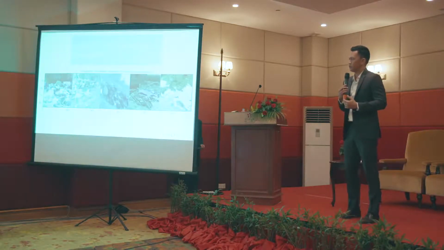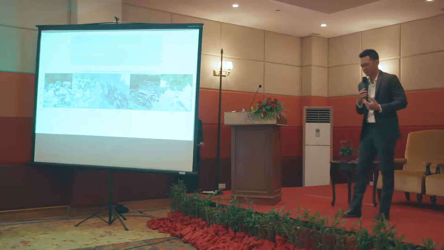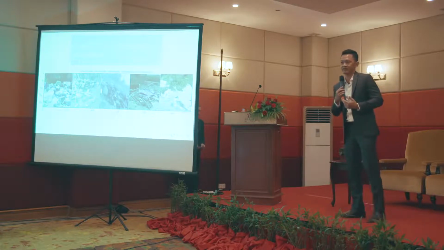When we got started in Sihanoukville 3 months ago, we saw that on every road, waste and garbage is everywhere. So we thought to ourselves, what can we do to get all this data?